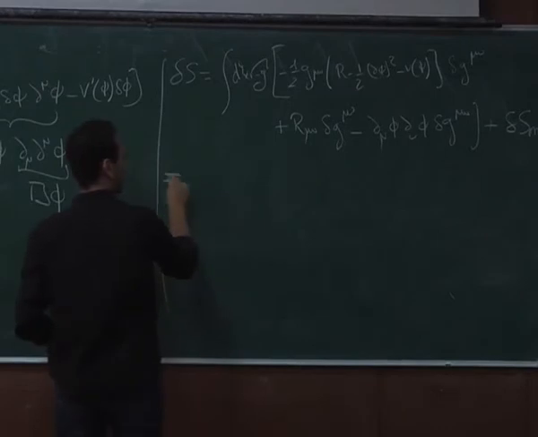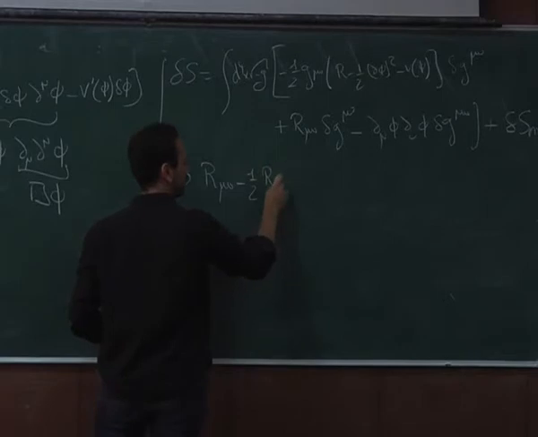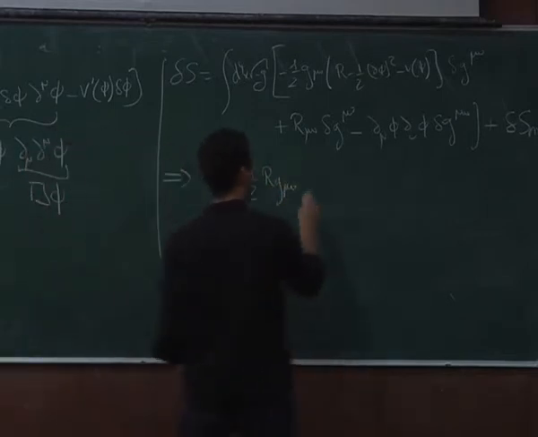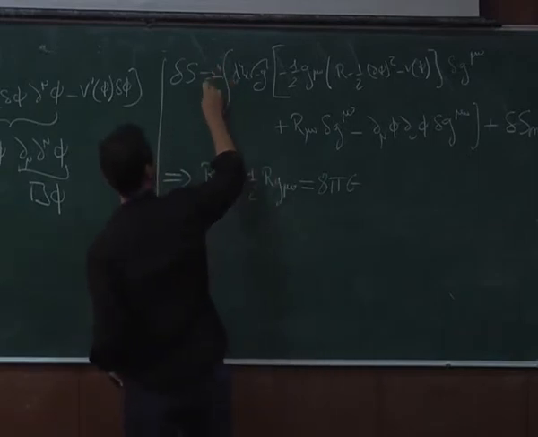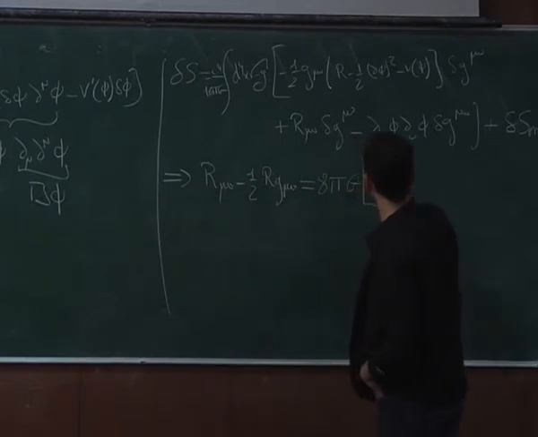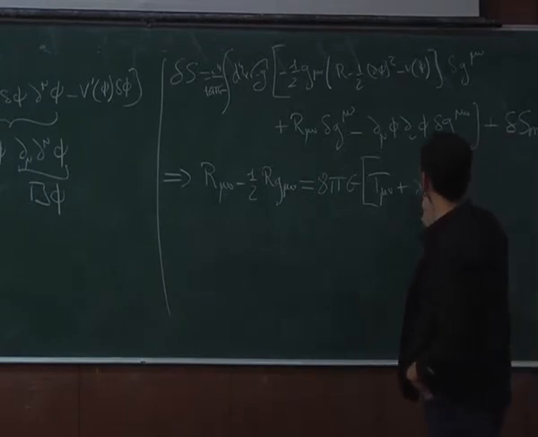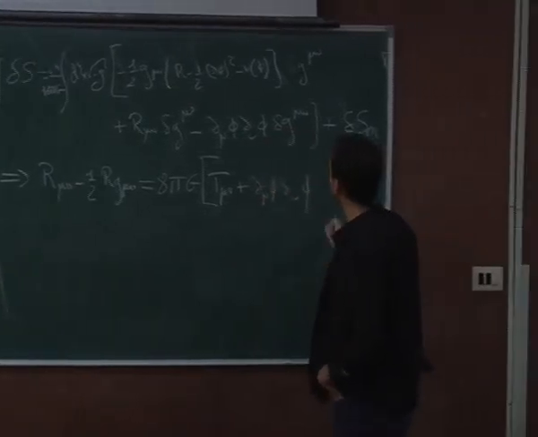So with that, I'm getting, and plus, so let me put back 16πG, plus actually all the scalar field, which is going to be ∂_μφ ∂_νφ and the minus 1/2.